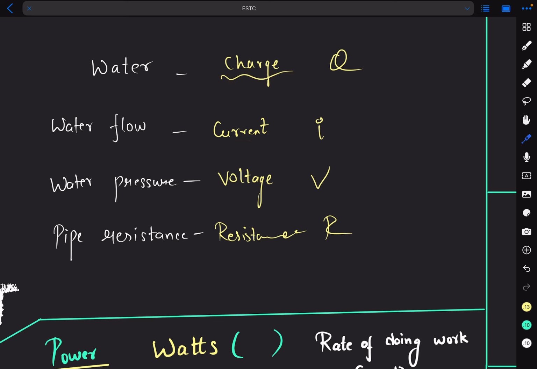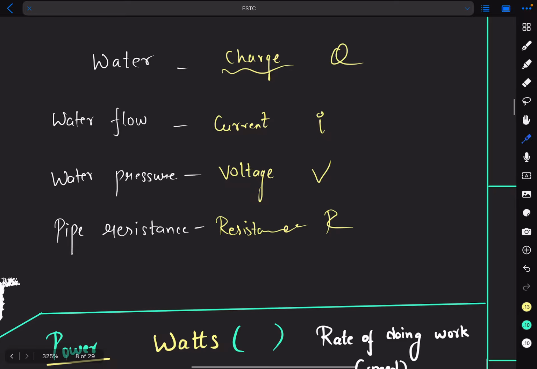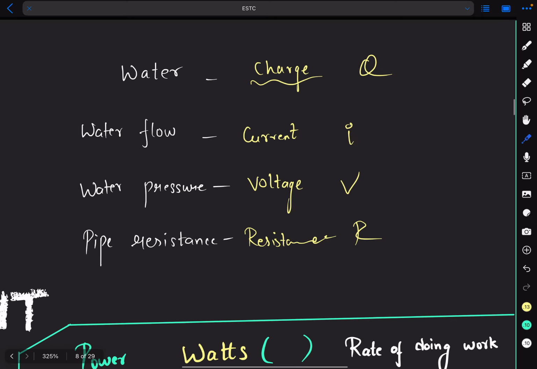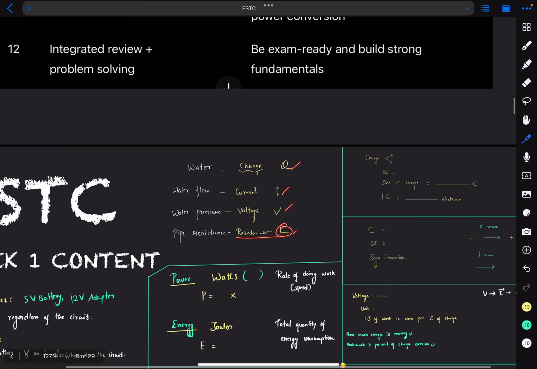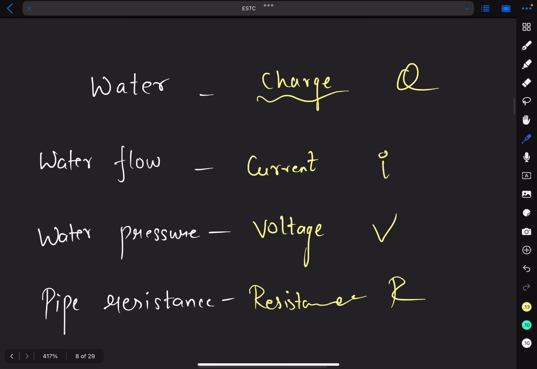The same way the charge feels pressure, and that pressure is what we call voltage. We have resistance inside the water flow, right? The same way while the charge is moving, there is resistance, and we denote it as R. So Q, I, V, R. This simple analogy will help you feel more intuitively the concept of charge, current and all.